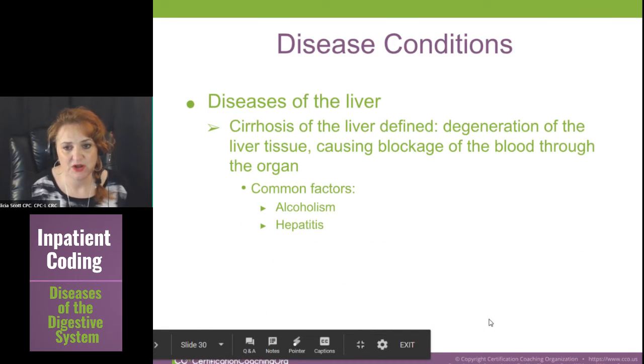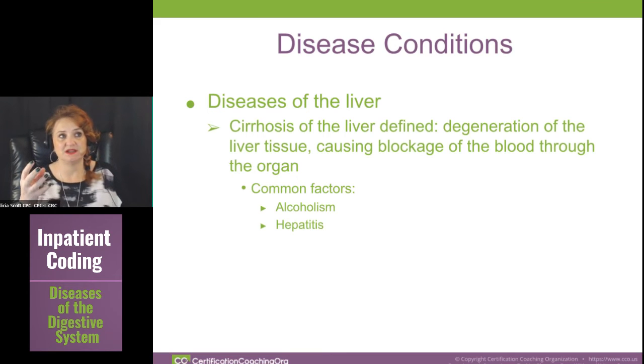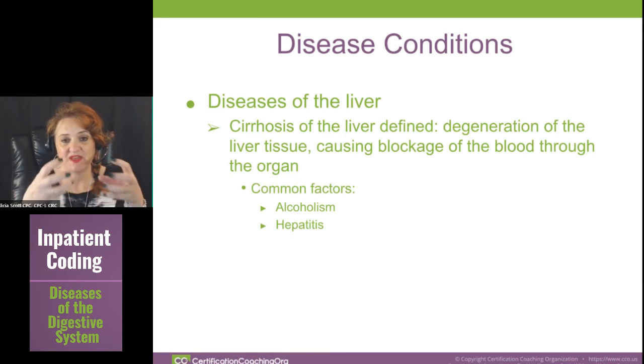Cirrhosis of the liver. Well, this is degenerative, and it causes blockage of blood moving through the liver. Now, how does the liver work? It's a filter. So even though it's not shaped flat and everything, think of it as your coffee filter. Okay.